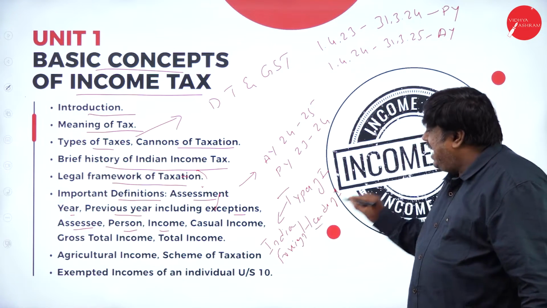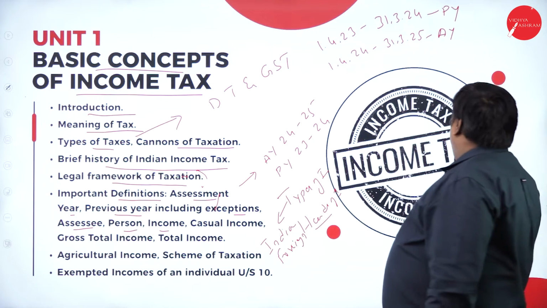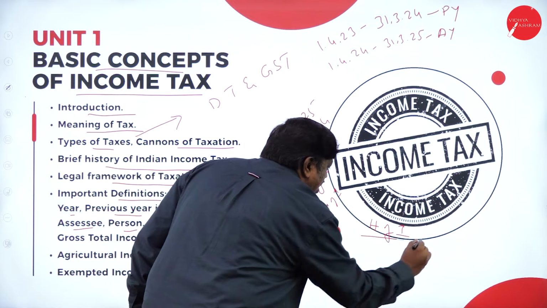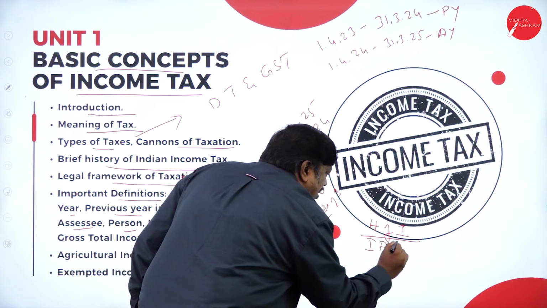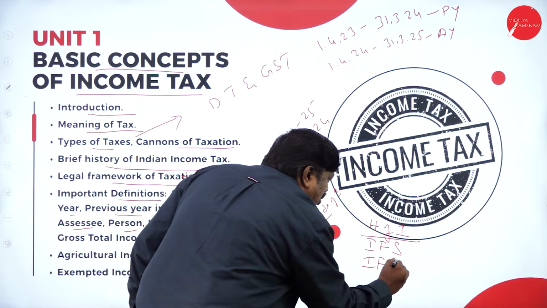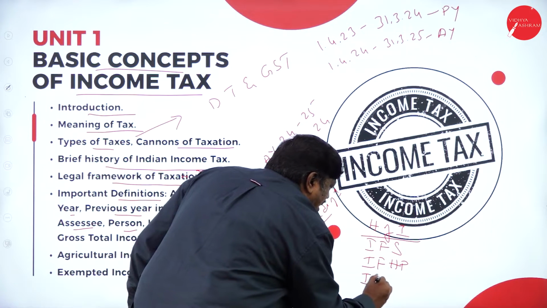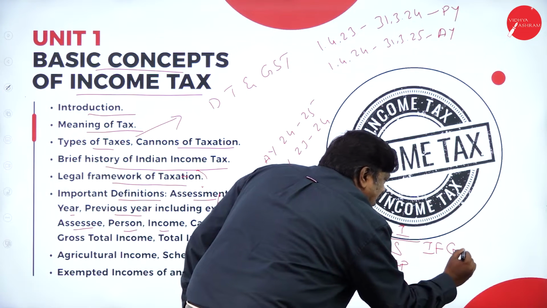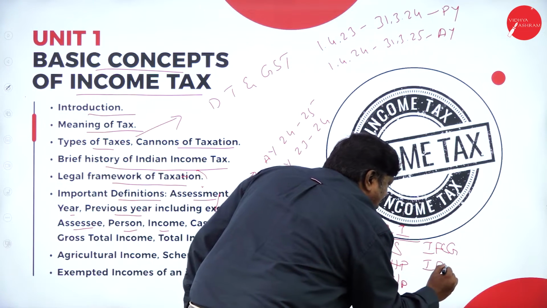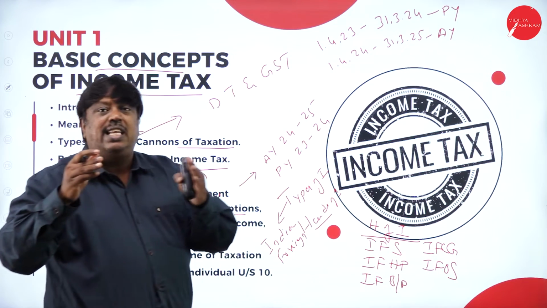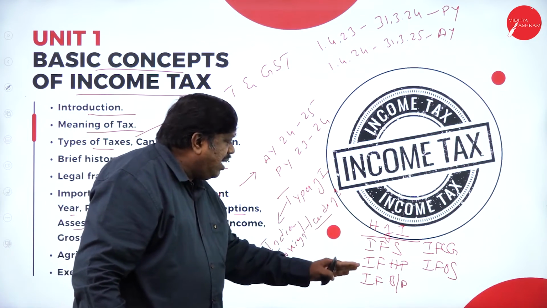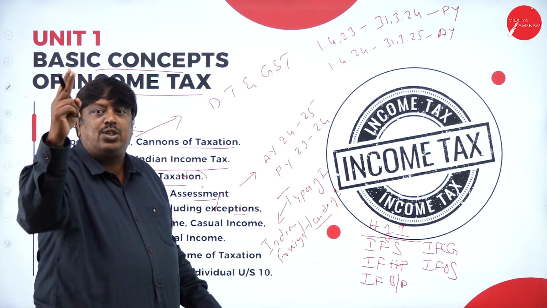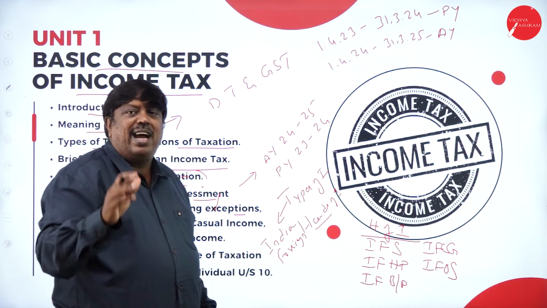If they ask heads, the heads of income will be income from salary, income from house property, income from business or profession, income from capital gains, income from other sources. If the question is in the form of heads of income, I have to write 5 heads. If they ask types of income, we have only 2, that is Indian income and foreign income.